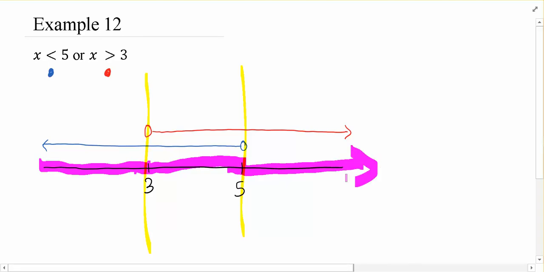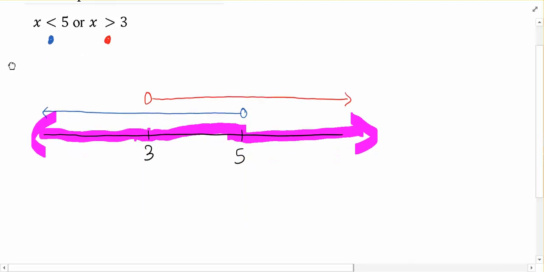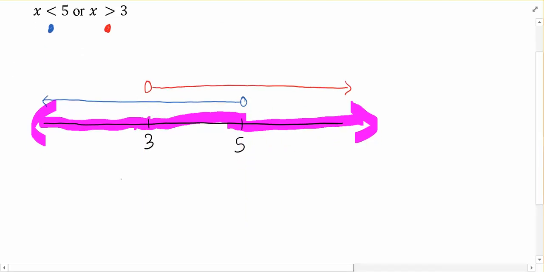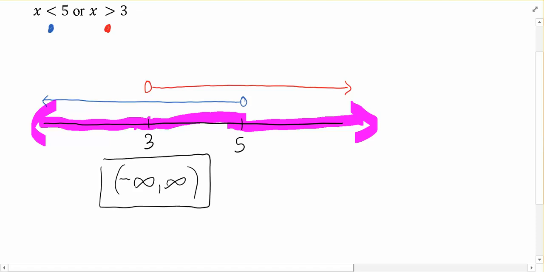Yes. So if you look at what I've shaded, the whole number line. The leftmost endpoint that I shaded is negative infinity. The rightmost endpoint that I shaded is positive infinity. I shaded everything from negative infinity to positive infinity.